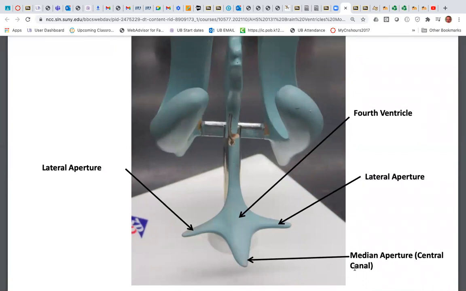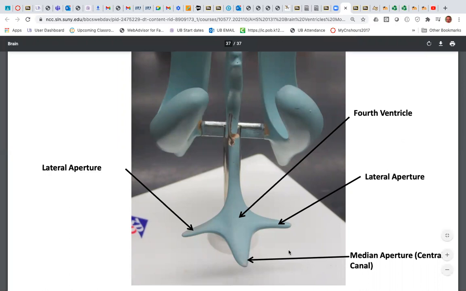If you think back to the cross section of the spinal cord, in the gray matter, the letter H, or the butterfly, where the gray commissure is, right in the center was a little pinhole. And that's where we said cerebral spinal fluid flows. So the median aperture is going to lead the CSF, or cerebral spinal fluid, down the central canal.